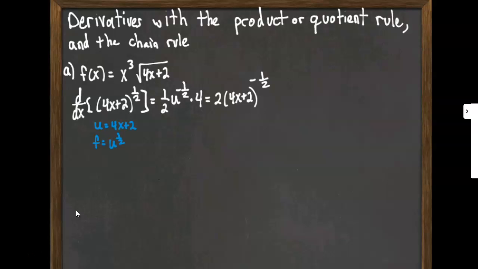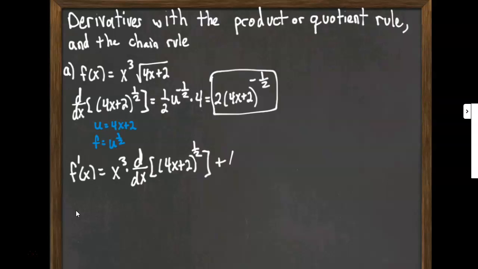f of x is equal to x cubed times the square root of 4x plus 2. So by the product rule, f prime is going to be x cubed times the derivative of the other function, 4x plus 2 to the 1/2, plus the 4x plus 2 to the 1/2 times the derivative of x cubed.